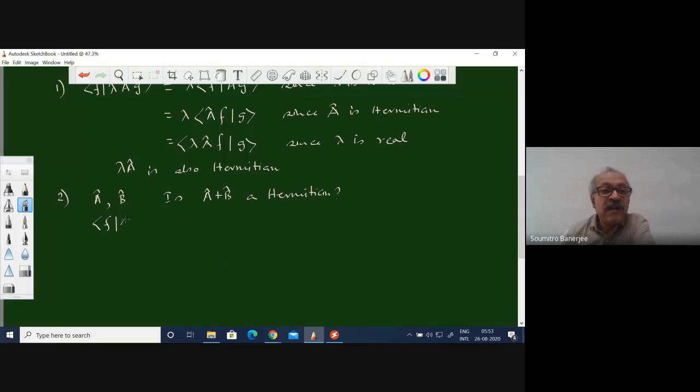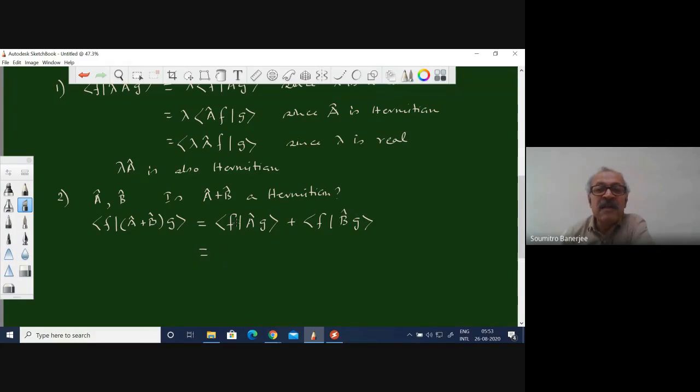F, A plus B, G is equal to, now I can break it up because it follows the distributive rule. It is F, A operating on G, plus F, B operating on G.